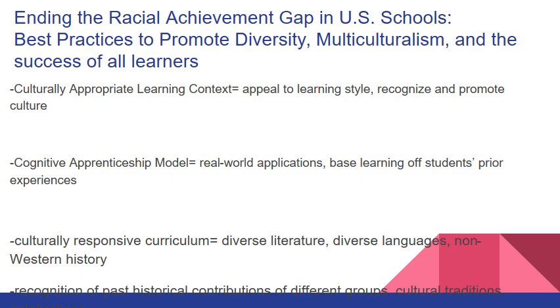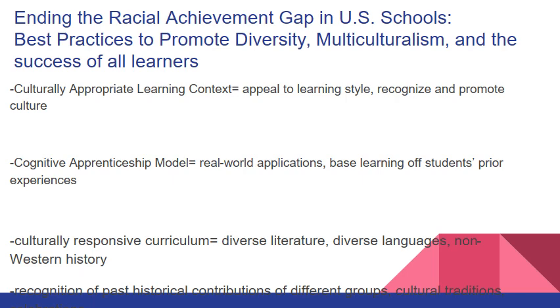One way to do this is to have the cognitive apprenticeship model. And in this model, you focus on real world applications of the material. And you focus also on understanding students' prior learning experiences and prior life experiences. And you connect the new content to what they have seen before in their lives, both inside school and outside school.